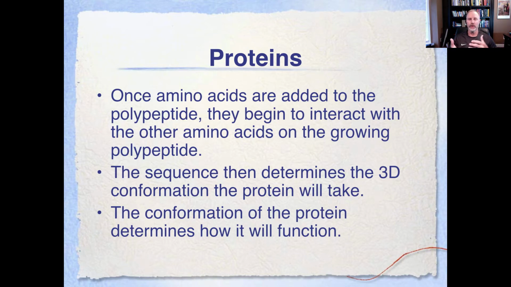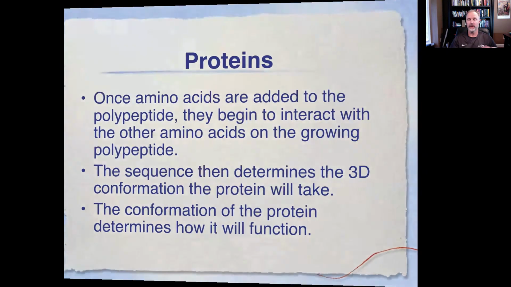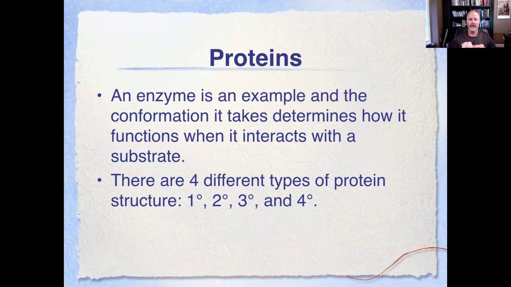And in doing so, this protein starts to take on its three-dimensional shape, or its three-dimensional conformation. It starts to fold and bend around as all of these things start to interact with one another. And an enzyme is an example of something that has a particular shape, and when it interacts with a particular substrate, that shape of that enzyme, which is determined by all of the amino acids in there, determines how it's going to interact with that substrate.